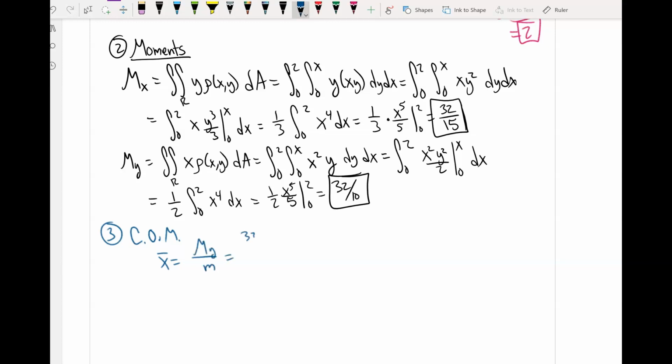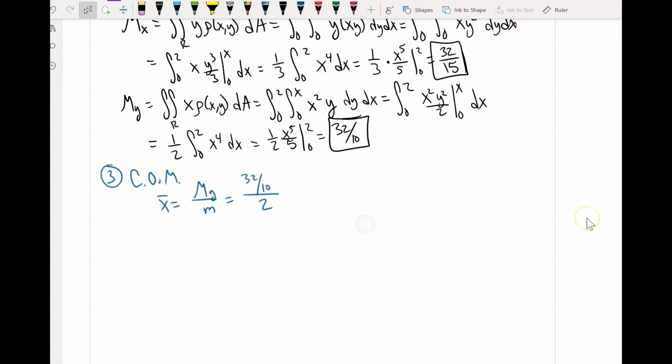So that's going to be 32 over 10 divided by 2, which is 8 over 5. And then y bar is going to be m sub x over m. That's going to be 32 over 15 divided by 2. That's going to give me 16 over 5. Okay, so there's my center of mass.